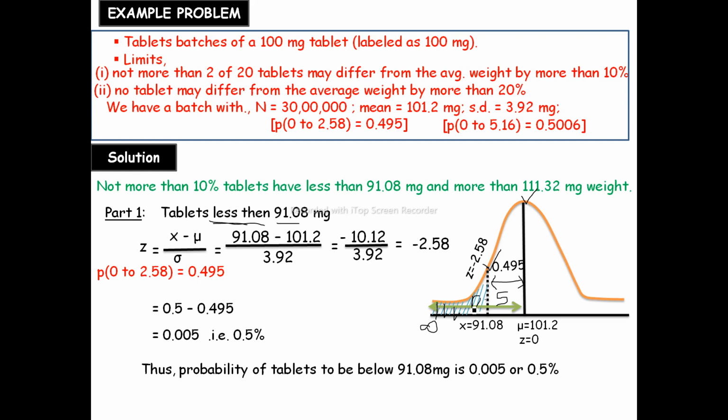What was our requirement? Not more than 10% should weigh so and so, but here the value is just 0.5%. Among that batch of tablets, just 0.5% have the probability to weigh less than 91.08 mg. So this was the first part.